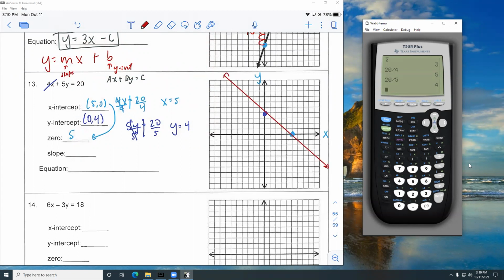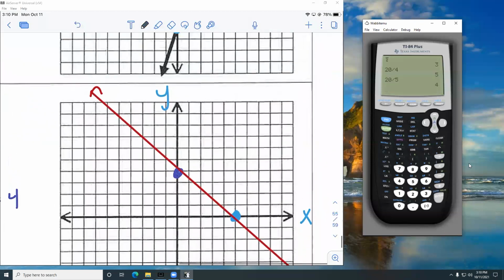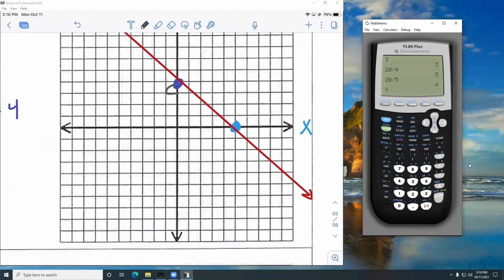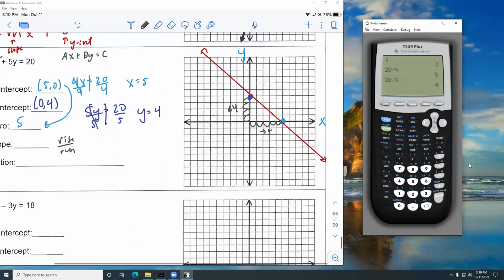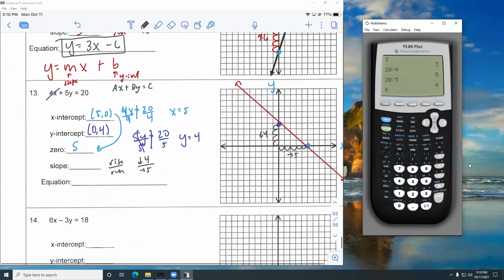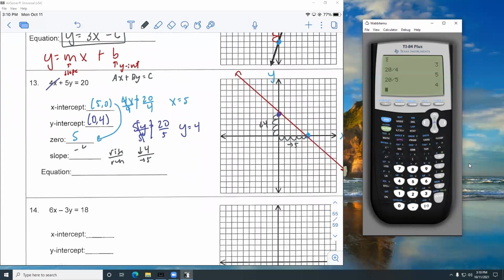All right, and now let's find my slope. Let's do my rise over my run. Do we agree that slope is rise over run? Guys, I read it from left to right. So in this case, I have to go down 1, 2, 3, 4. And I go right 1, 2, 3, 4, 5. So since I go down 4, right 5, that means that I have my slope of -4 over 5.